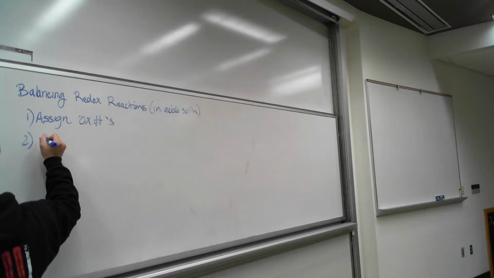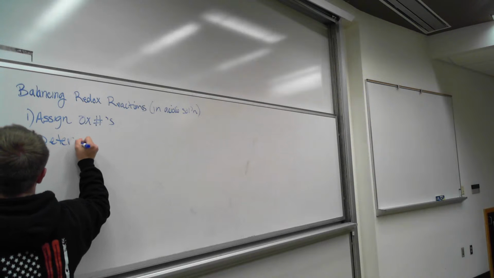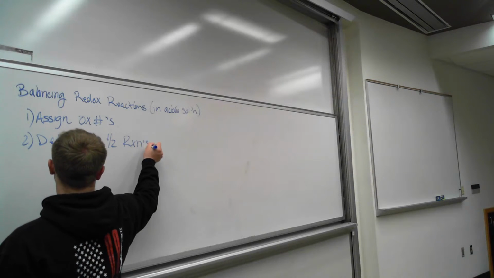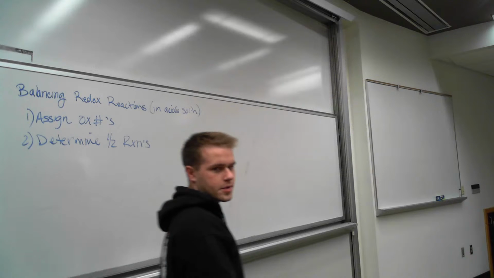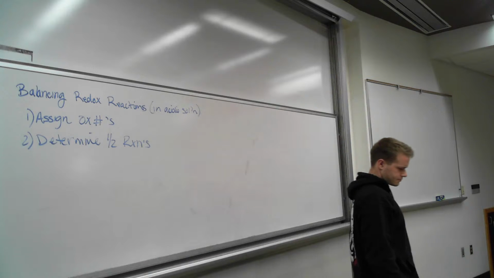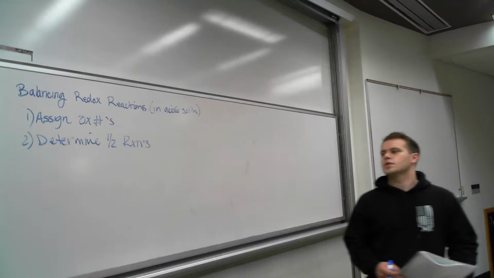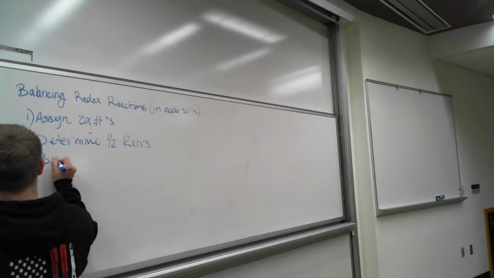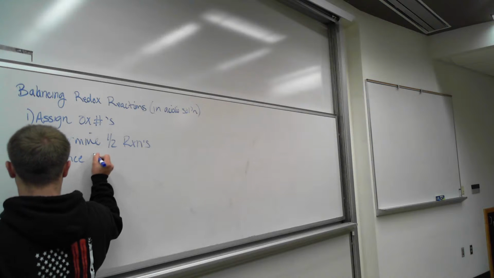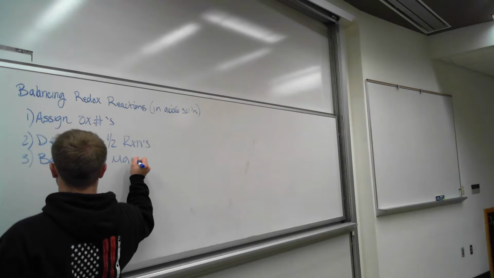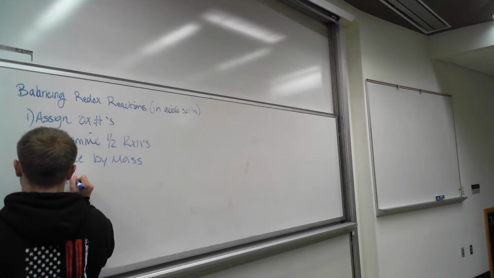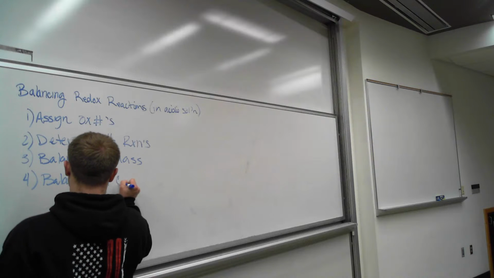So step 2 is to determine your half reactions. After you do that, we're going to balance by mass. Then we balance by charge.